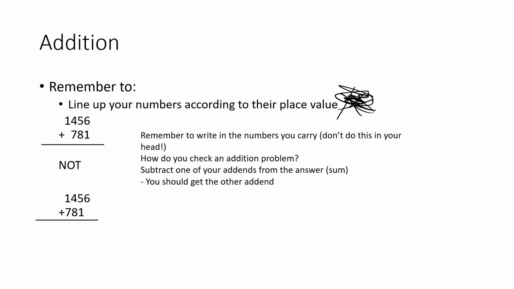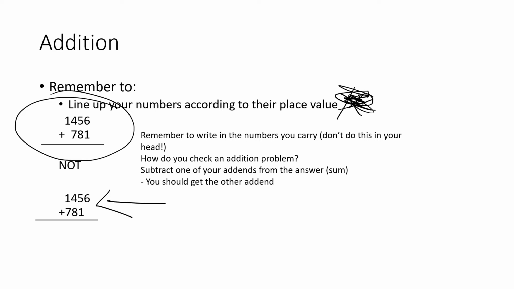So you see over here our pretty example where the ones column is lined up, the tens column is lined up, the hundreds column is lined up. I often get a lot of this. Why is this wrong? This should make you kind of twitchy and very uncomfortable. Why is this wrong? Because what place value is our 7 in here?